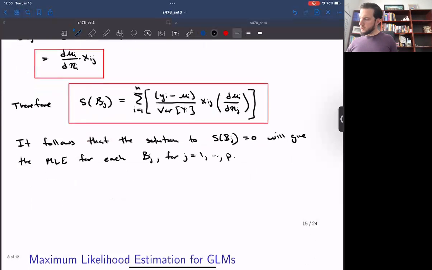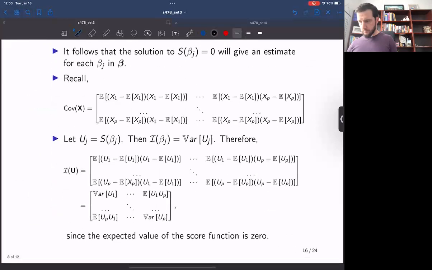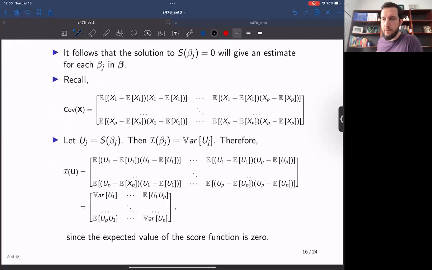So we have our score function. Before we derive the information function, we just need to quickly refresh what a variance-covariance matrix looks like. We're going to derive this expression in terms of the vector for beta rather than each individual beta j. Just as a reminder, a covariance matrix for a random vector is a p by p matrix where p is the dimension of the vector.